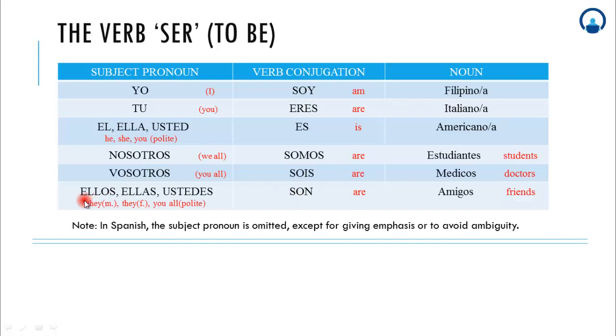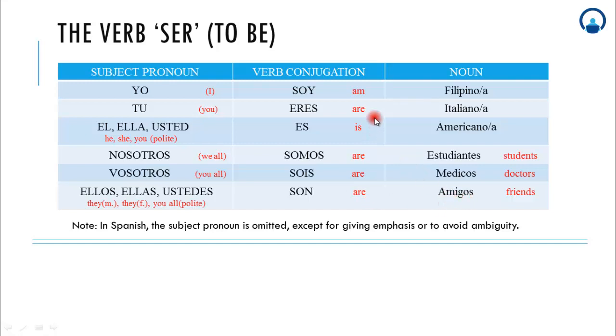So when we combine it in a sentence, we get ellos son amigos, means they are friends. Ellas son amigas means they are friends. Ustedes son amigos. That means you all are friends.